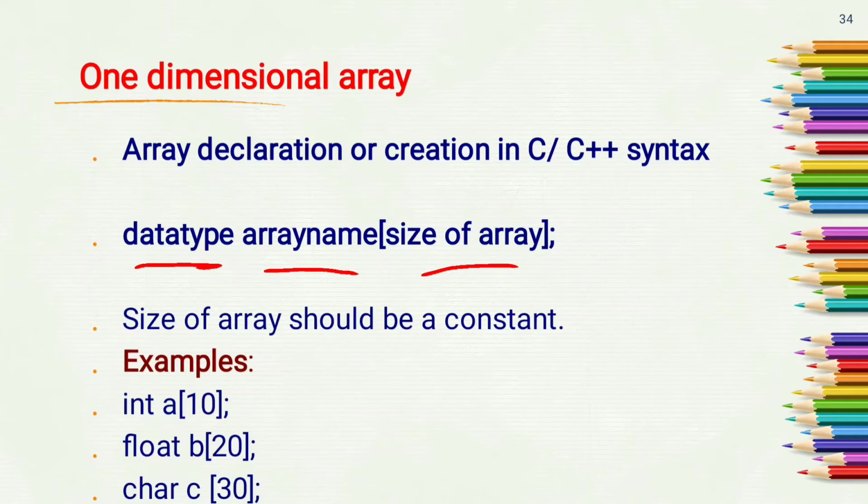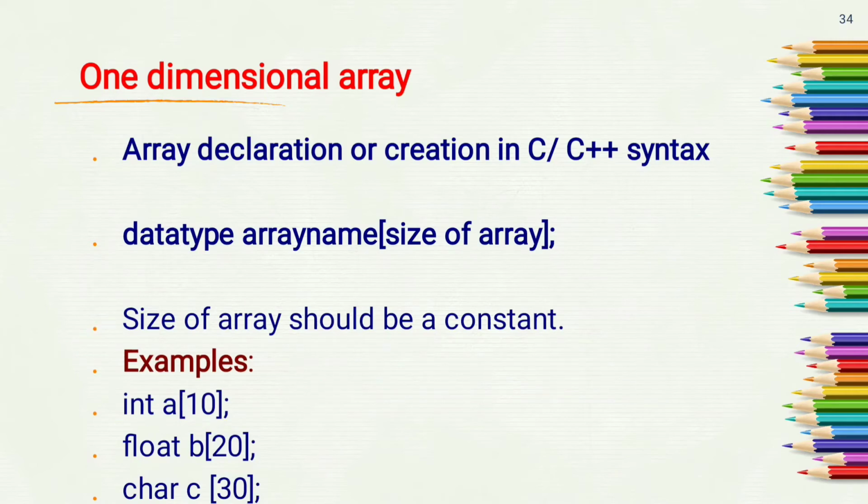Here you have to write a constant like 100, 500, any number, but you cannot write a variable. For example, if you want to create an integer array of size 10, first write the data type, that is int, then the name of the array a, and in square brackets the size of the array, 10.